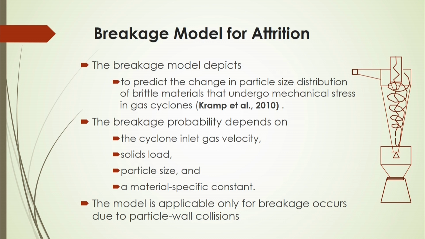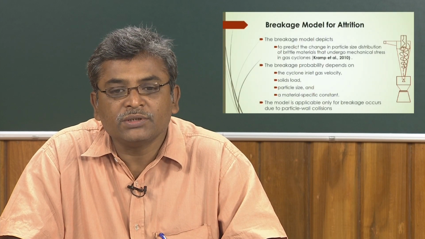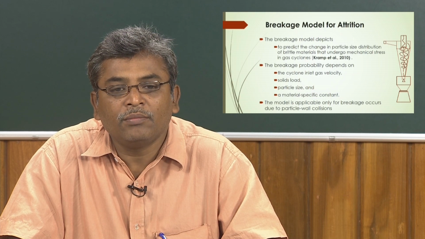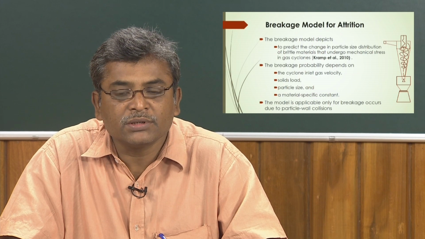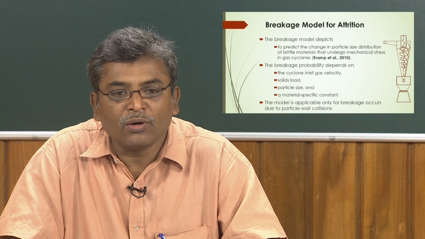This breakage model will generally be extended to the cyclone separator also, and how excess velocity takes part in the attrition process will be discussed by the excess velocity model.